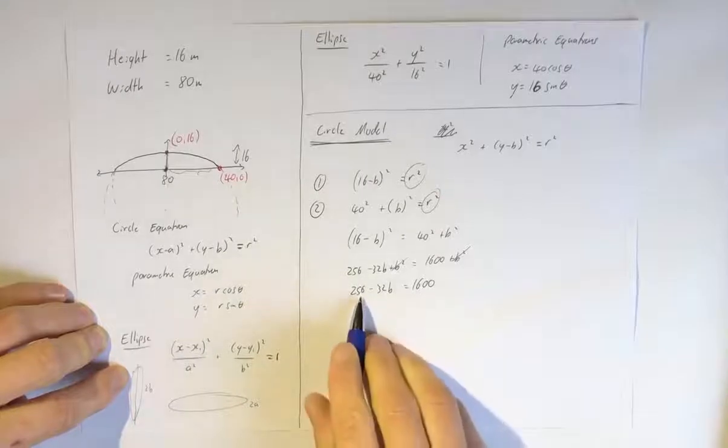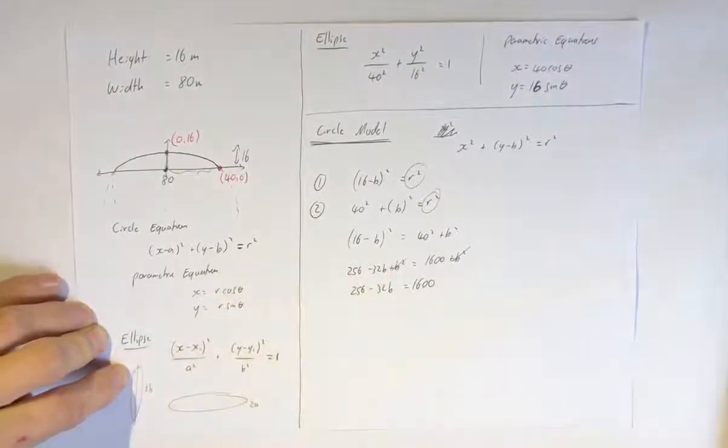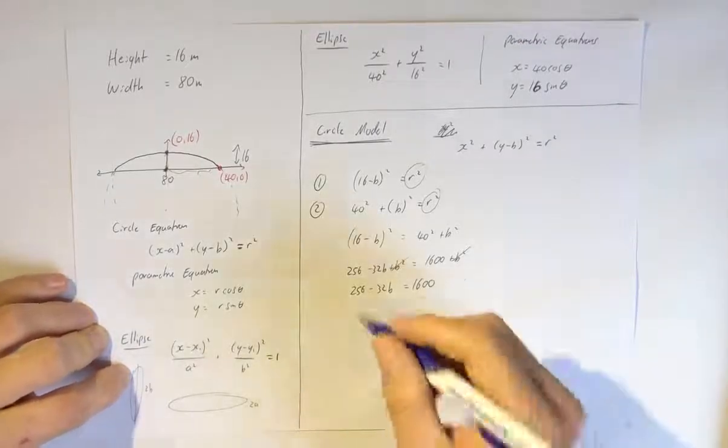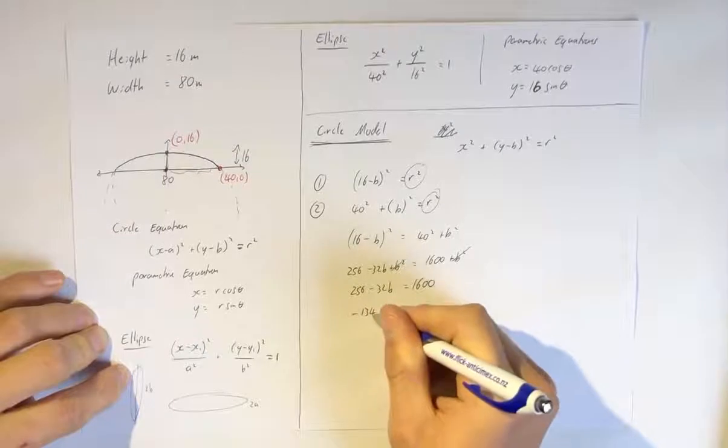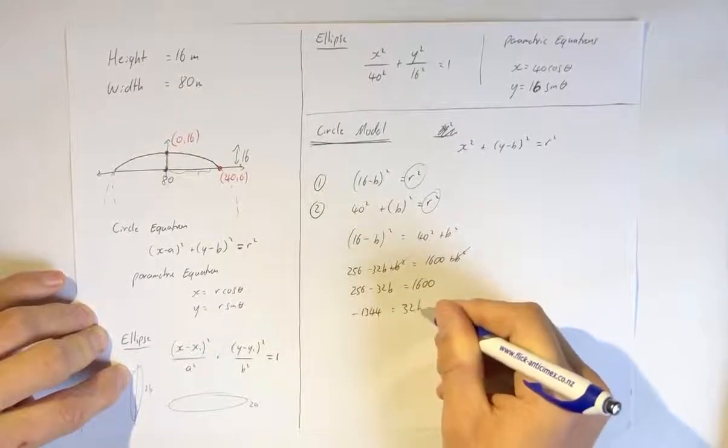So I could add 32b to one side and take away 1600. What do I get? So 256 take away 1600 is negative 1344, and that's equal to, if I add 32b to both sides, 32b.